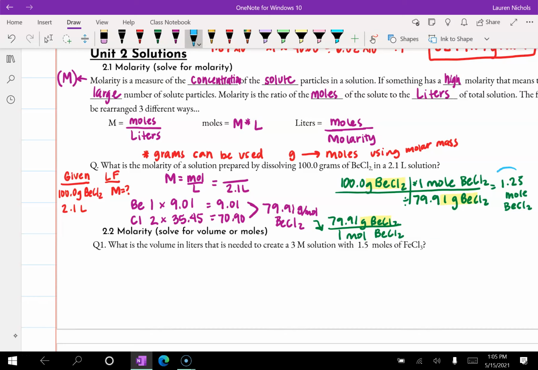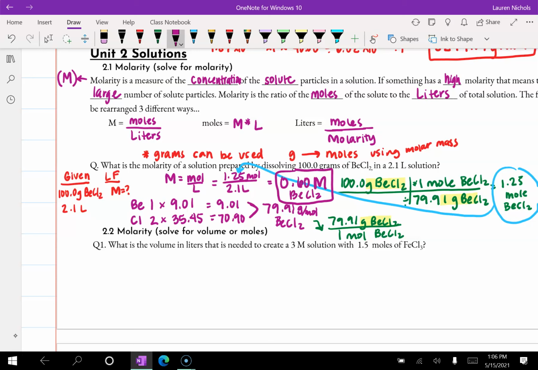So then you need to take your moles and plug it in to the blank spot in our formula, where we put 1.25 moles here, and we actually then divide and we say, okay, 1.25 divided by 2.1 gives us 0.60 molar beryllium chloride. So your unit would be that capital M, and you use your formula. And that is how we solve for that problem.